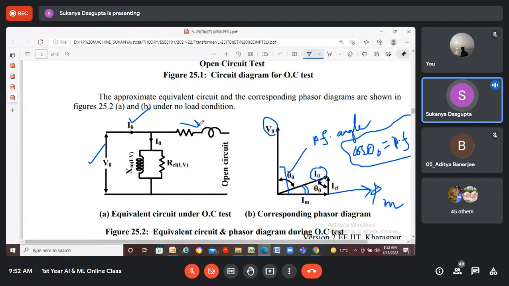Say this current is I, which is very, very small. Fine. That means the I square R ohmic loss is also very, very small. This is actually the copper loss, denoted by P copper, right? That means the copper loss is very, very small. So we can ignore the copper loss during the open circuit test operation, right?